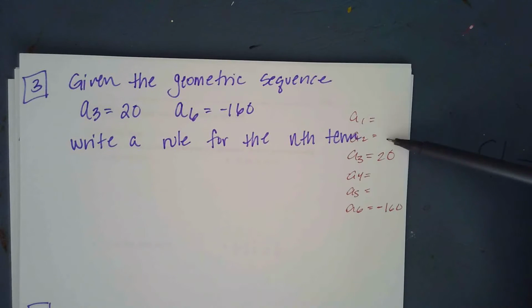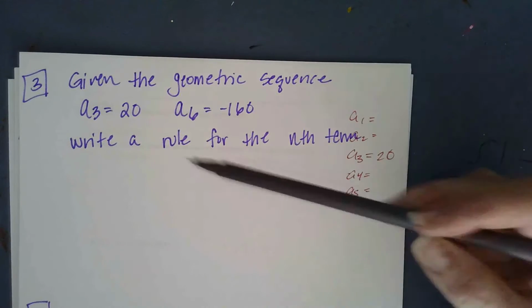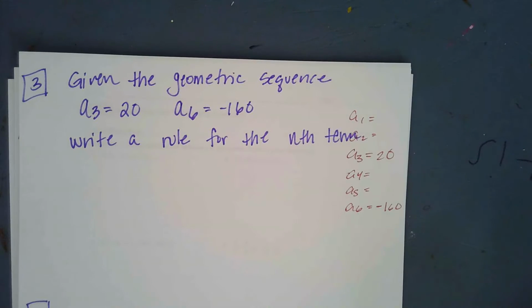And then you could use that to work backwards and figure out a sub 1. That is an option. And that does work okay when you're given terms that are kind of lower, like a sub 3 and a sub 6. If you were given the 132nd term and the 295th term, it probably wouldn't work out so well, okay? So this common sense method will work.